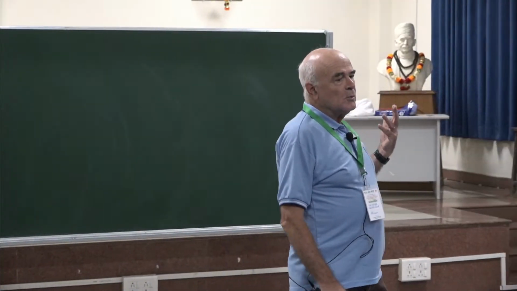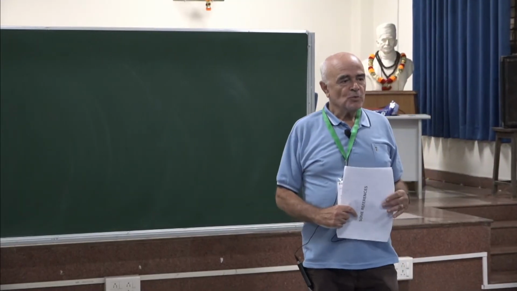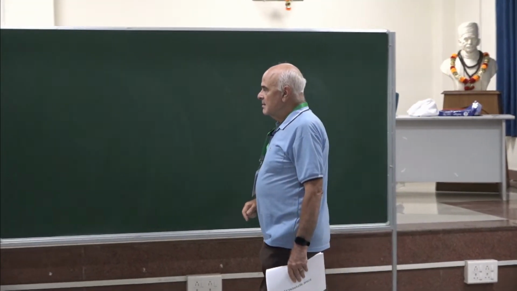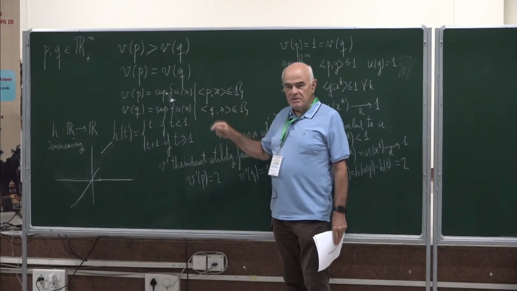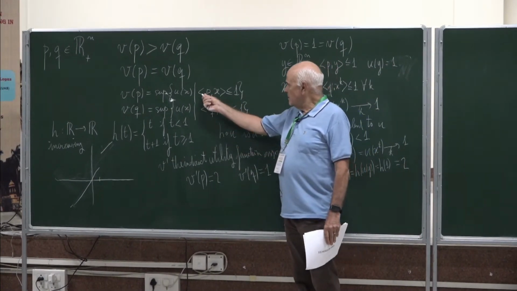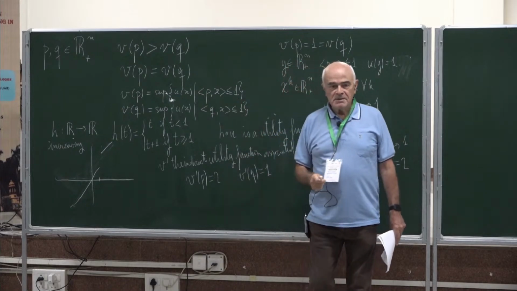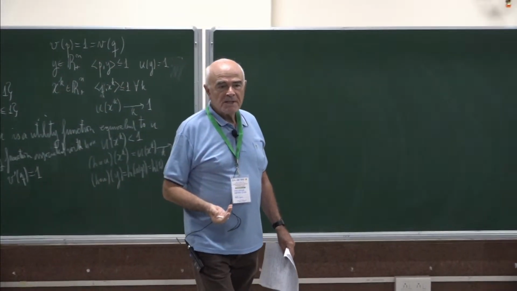A more reasonable objection would be, okay, but if prices are strictly positive, then the budget set is compact, and then the supremum is attained.